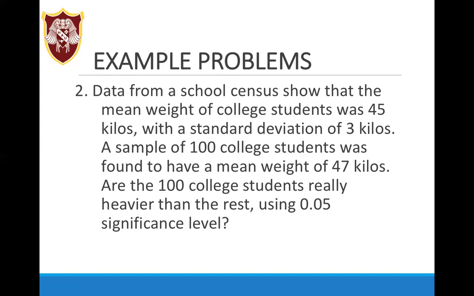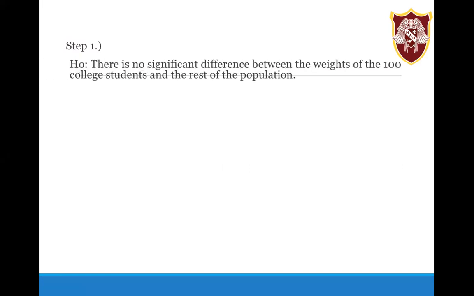So again, we formulate first our null hypothesis. So in this case, we say that there is no significant difference between the weights of the 100 college students and the rest of the population. So we are saying that the sample mean is equal to the population mean. The sample mean is 47, right?